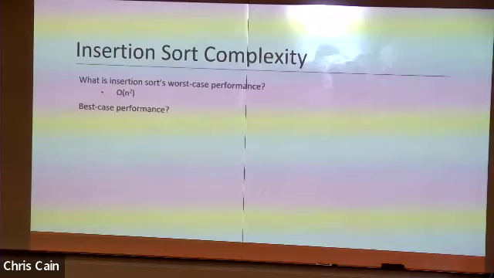We still need to verify for each element that it's in the correct position, but how much work is it to move each element into its correct position? It's a constant amount of work that we need to do for each element. So there are n elements that we need to verify don't need to move. So that's going to be linear.